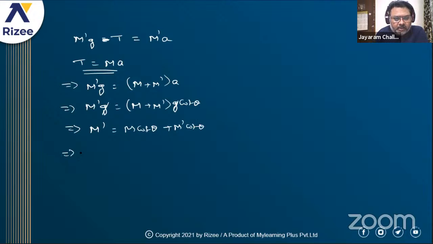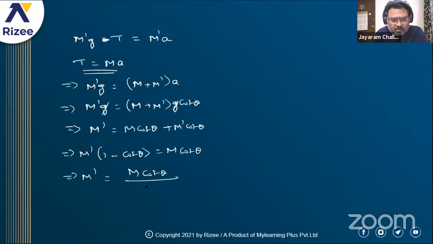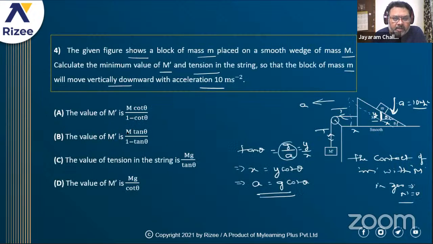Take all the m dash to one side. m dash into 1 minus cot theta is equal to m cot theta. From this relation, we have got the mass m dash is equal to m cot theta by 1 minus cot theta. So first part of the question we have got. Now verify which option is going to be satisfied. So first option is correct.